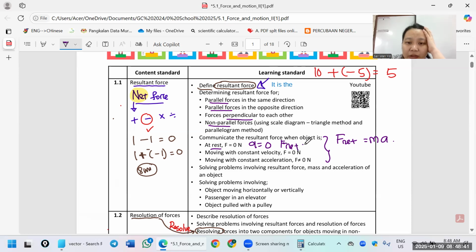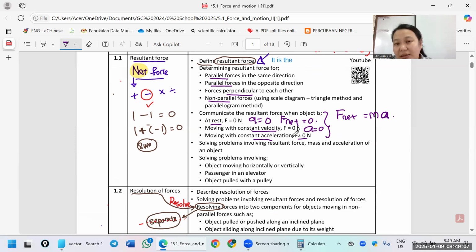Okay, constant velocity, the same thing. So in the last class, I think you get the idea. So acceleration is 0 lah. Moving with constant acceleration, F net is not 0 because, let's say A equals to 1, then surely there is some number. It means it's accelerating.